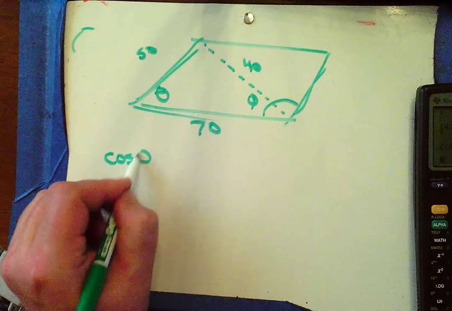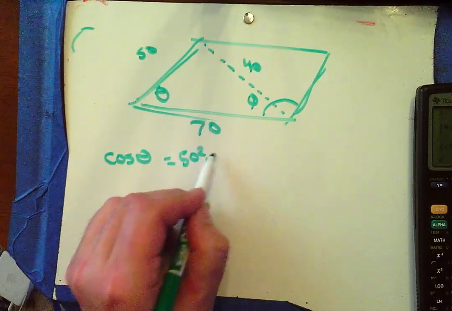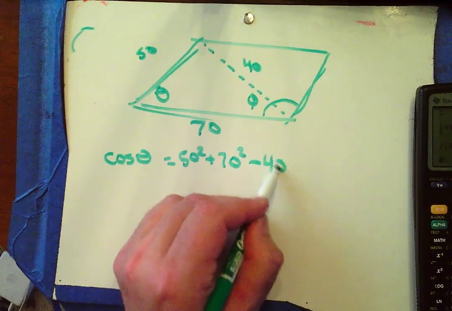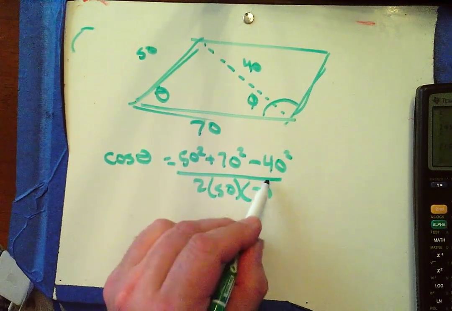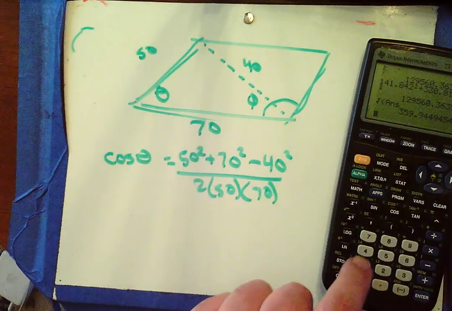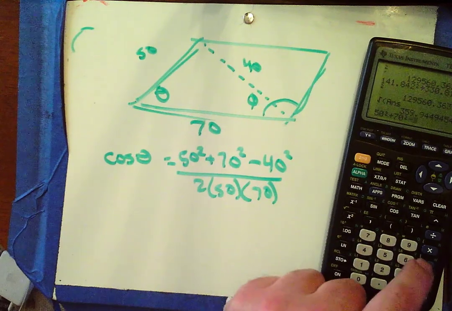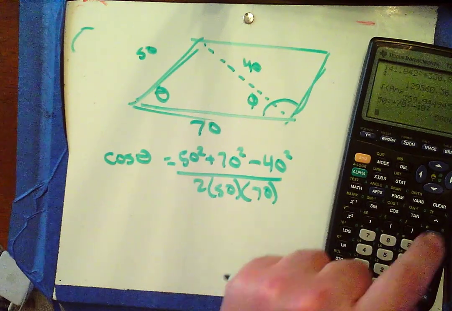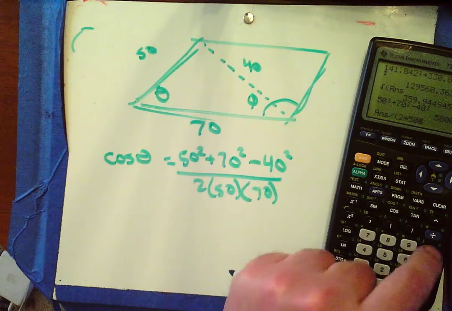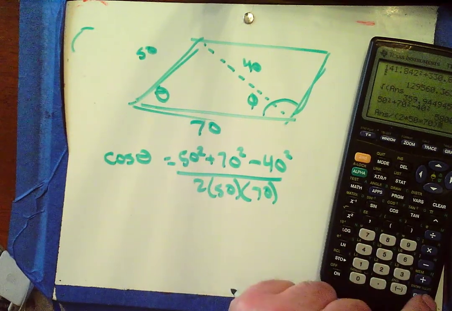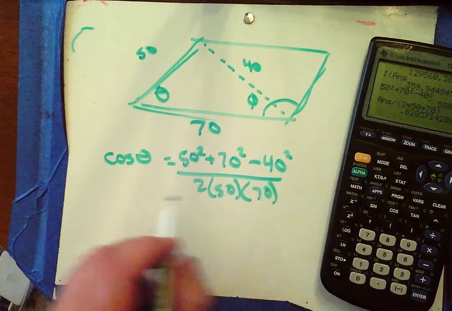We know the cosine of theta equals 50 squared plus 70 squared minus 40 squared over 2 times 50 times 70. Okay, 50 squared plus 70 squared minus 40 squared divided by parentheses 2 times 50 times 70. And remember, that's not theta, that's the cosine of theta.